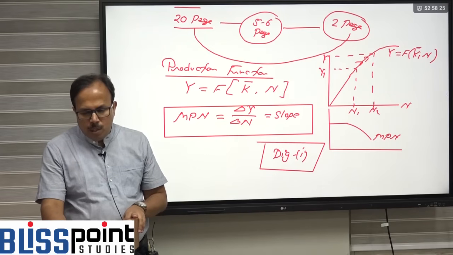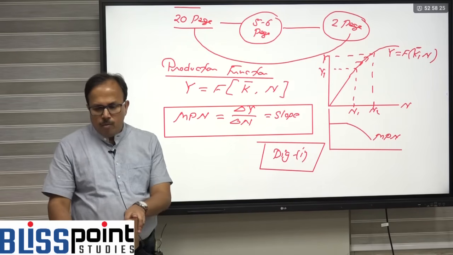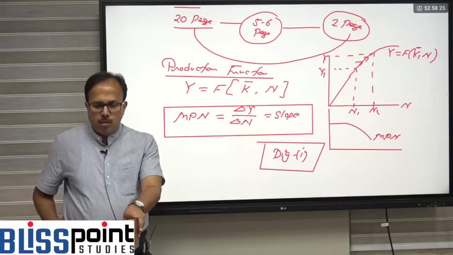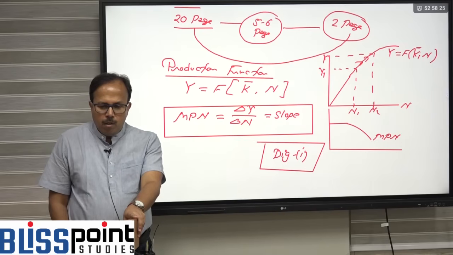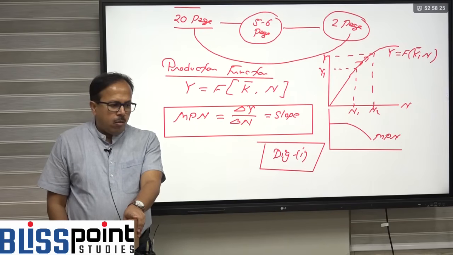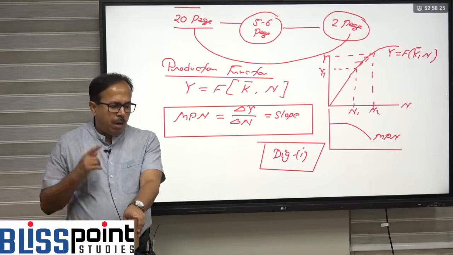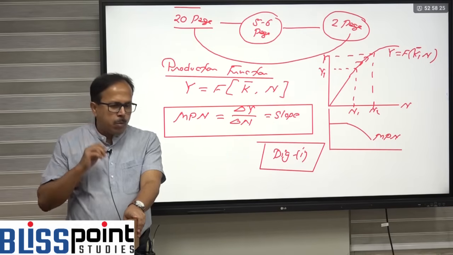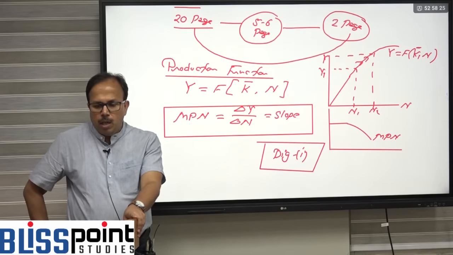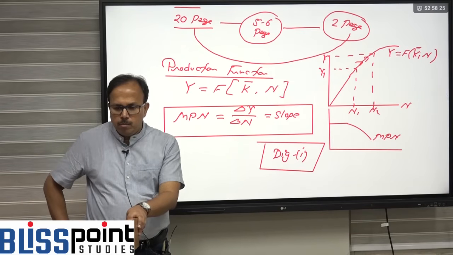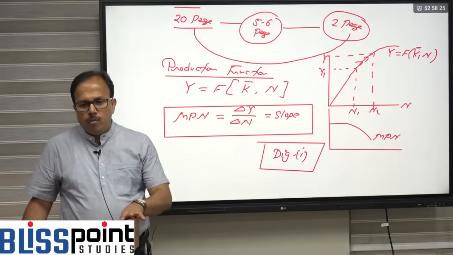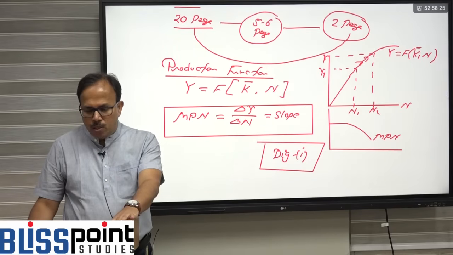So from this production function, we derive MPN, the marginal product of labor, which is the slope of the production function.